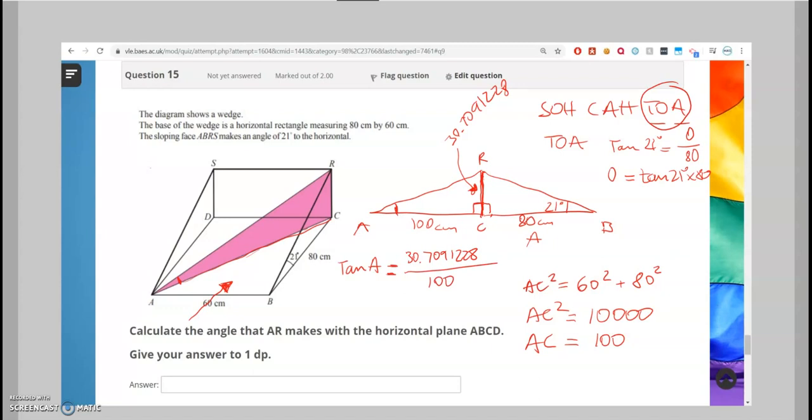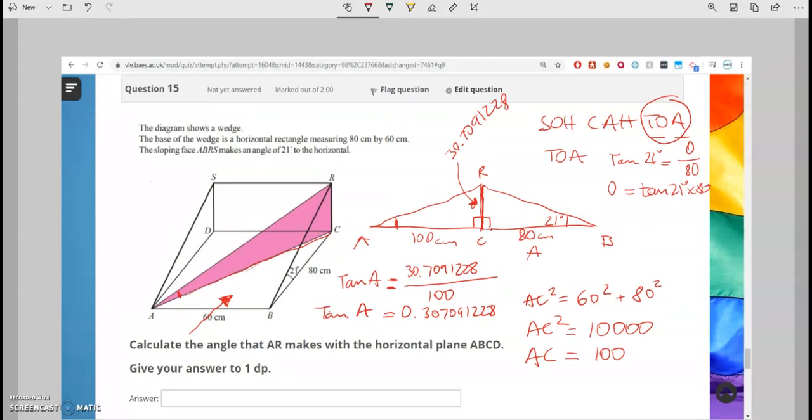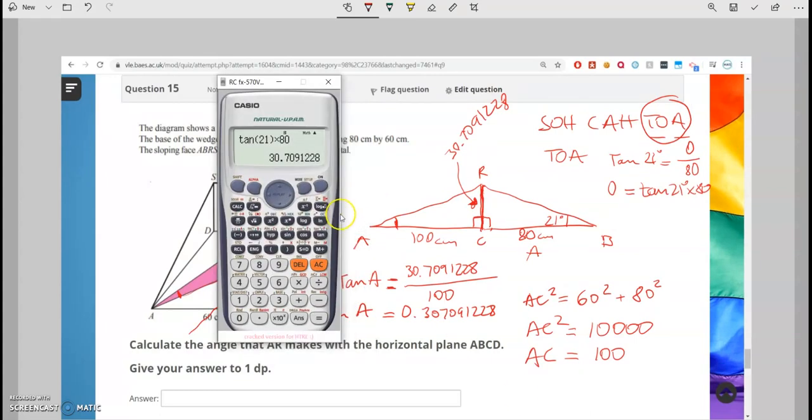So we can do that in the calculator. So tangent of A is 0.307091228, and we need to find the angle itself now because we know what the tangent is equal to.